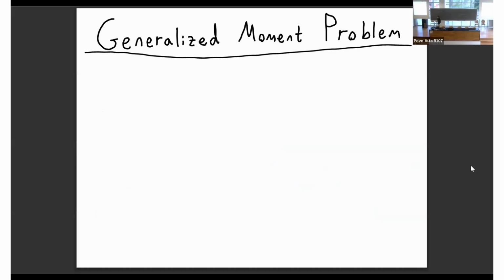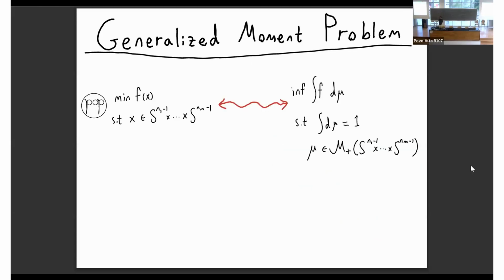We would also maybe have some more flexibility, so we can introduce a more general form of this problem. Here you have the one we just saw, and you can see that it's equivalent to this problem, so that arrow points in both directions. Here we're taking the infimum over measures.